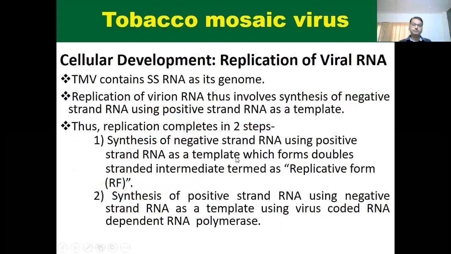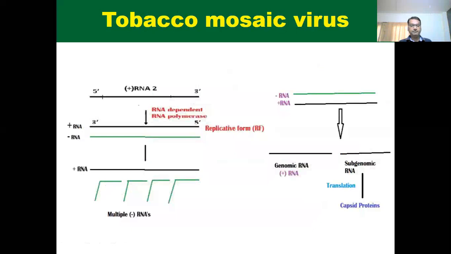ओके, नेक्स्ट पॉइंट पुढे बघा. Yes, so you will get here. This one is replicative form, friends. RF replicative form. So friends, you see here in this first diagram here, this is the RNA. We call it as positive RNA. पॉझिटिव्ह म्हणजे जो मेन आरएनए आहे कुणाचा? TMV चा, व्हायरसचा. So that is a positive RNA. So on this RNA, so this RNA strand acts as a template, black colored RNA acts as a template, and on this template negative RNA strand is developed.